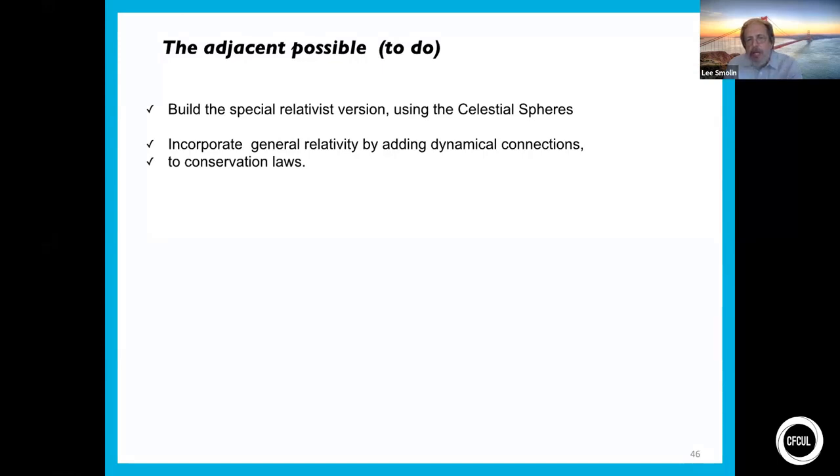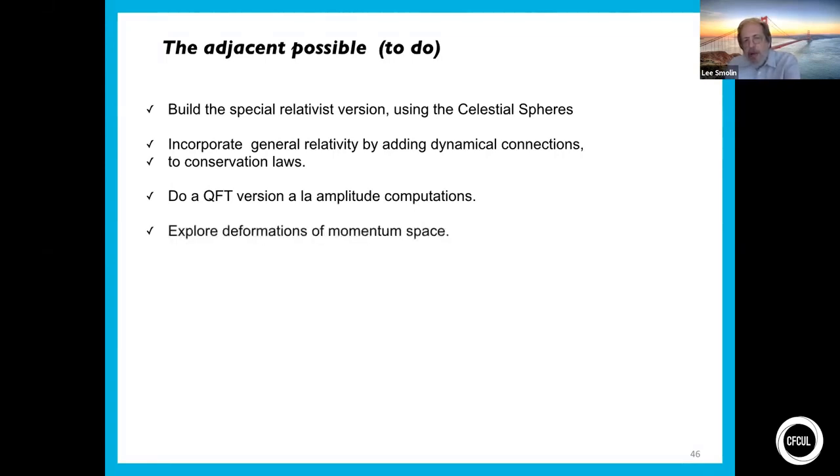We're using these ideas based on celestial spheres, which various people have been studying as a tool for that. Incorporating general relativity by giving connection degrees of freedom on the causal links. Trying to derive quantum field theory and to distinguish that from relativistic quantum physics. There's a lot of challenging issues there.